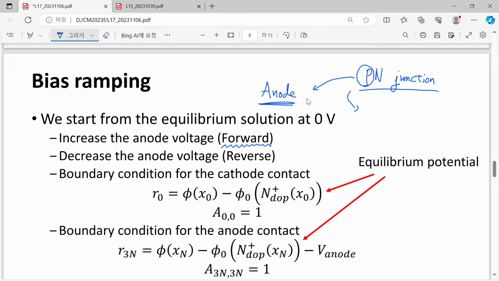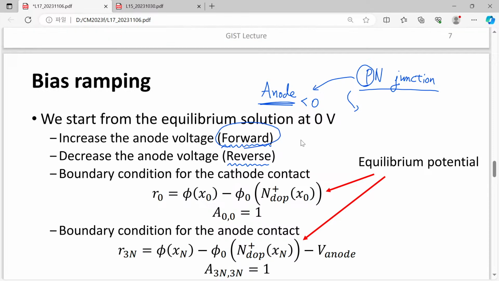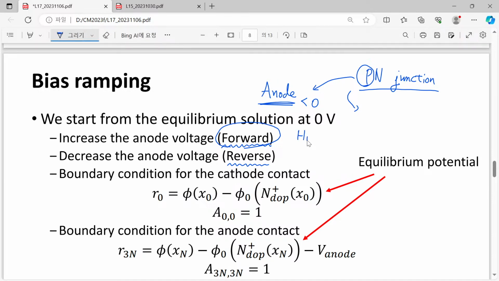And when we have negative anode voltage, then we call it the reverse mode. So when we have forward operational mode, then this PN junction becomes highly conductive. And if we go to the reverse mode, then this is almost insulating. So no current is flowing.